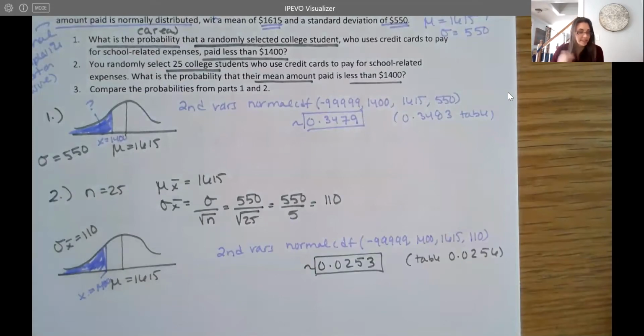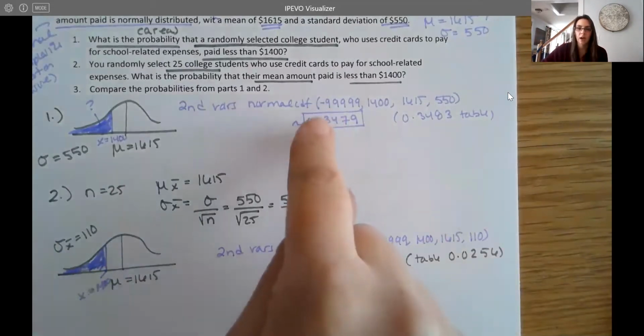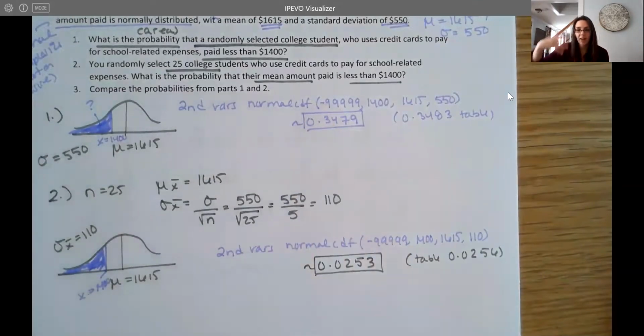Now that second value is only 3%. It's less than that 5% or 0.05 cutoff. So actually this would be an unusual event, right? So even though this is not unusual, to get 25 students whose mean was that low is unusual. So you saw that same idea of the cutoffs being 0.05 for unusual versus usual events.